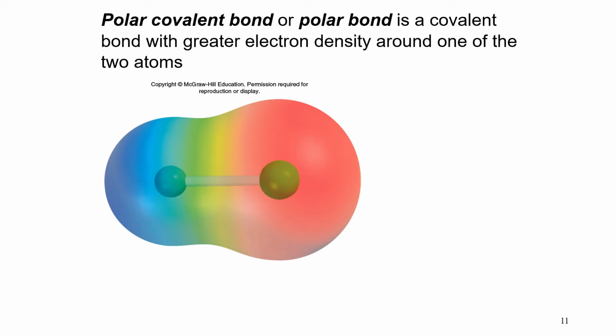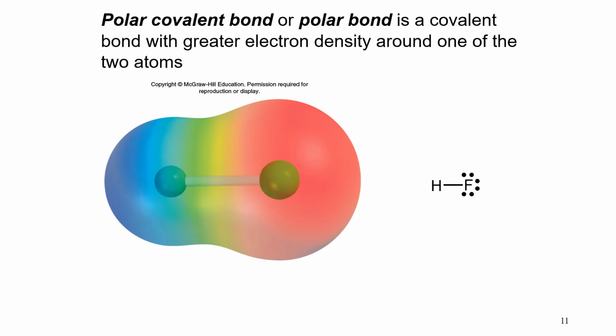So a polar covalent bond, or a polar bond, is a covalent bond that has one atom or element that is more electronegative than the other, and the shared electrons spend more time around that more electronegative element than the other. And in this case, the example is hydrofluoric acid.